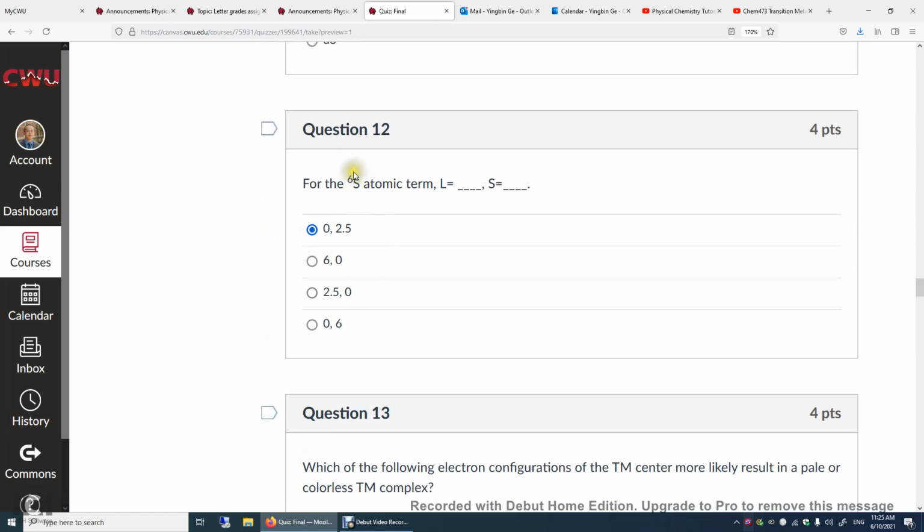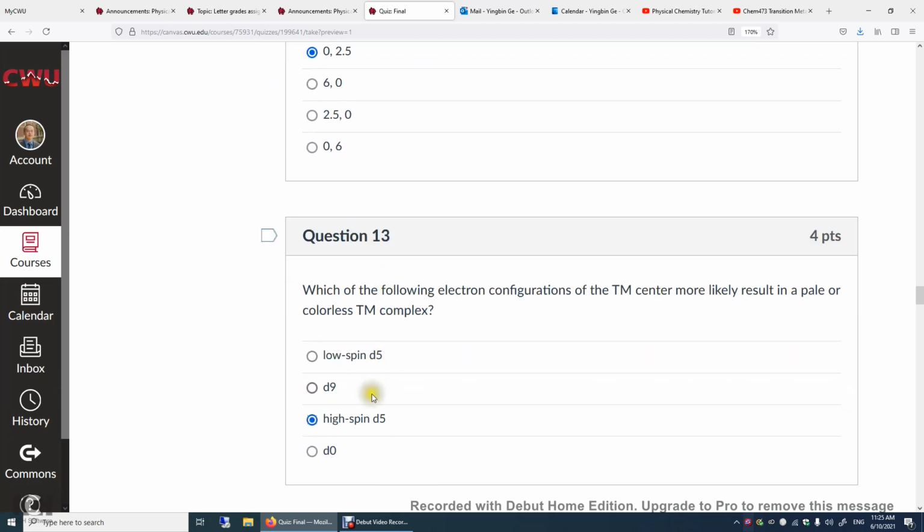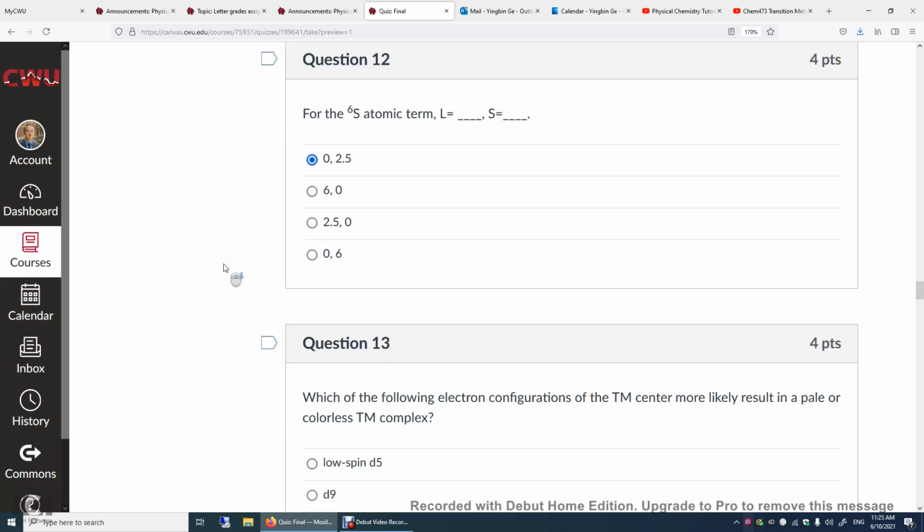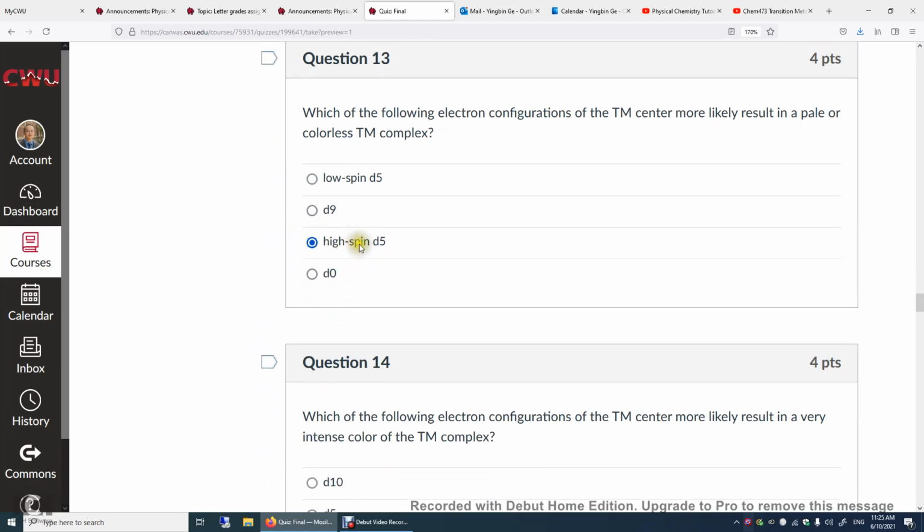Over here, it's actually 6S. The ground electronic state has this 6S atomic term over here. High spin d5 is 6S atomic term in its ground electronic state. All other excited electronic states have a spin multiplicity lower than 6.